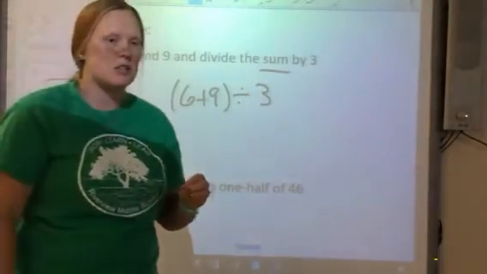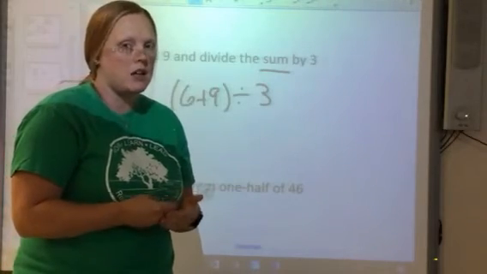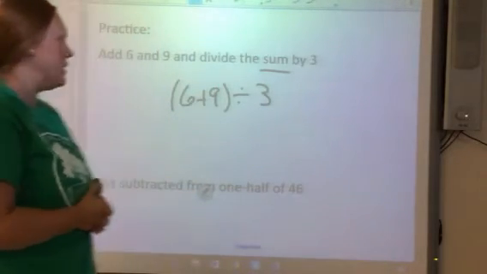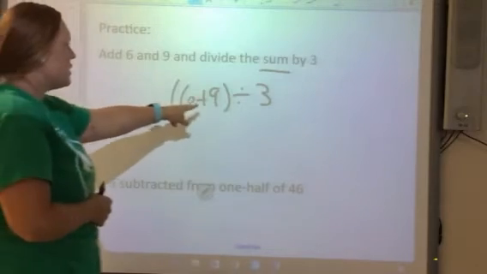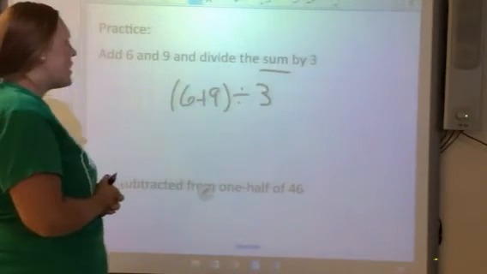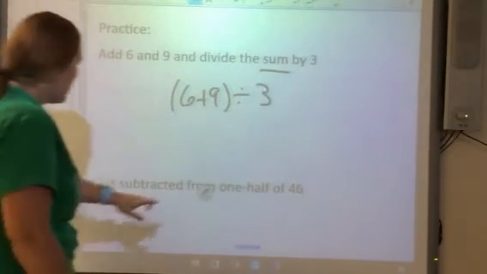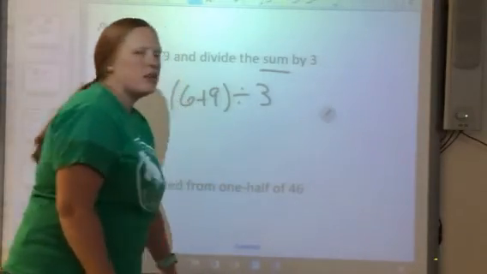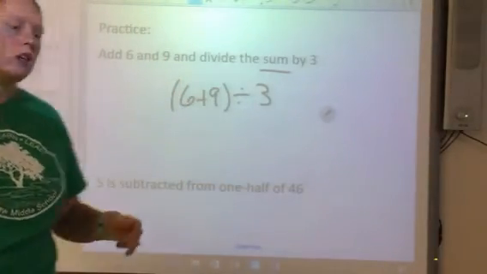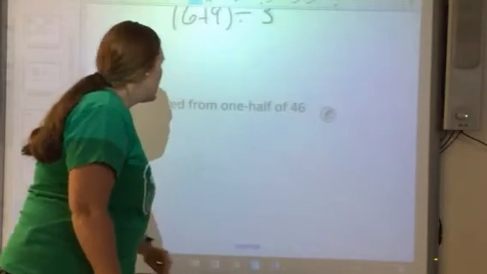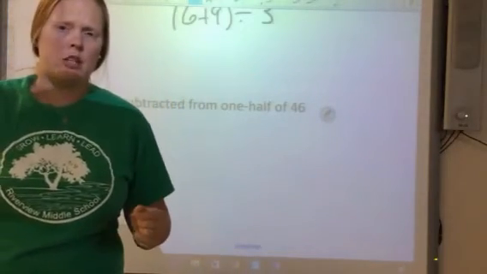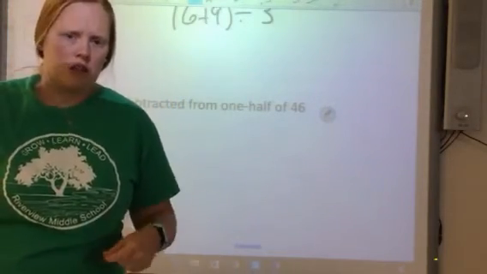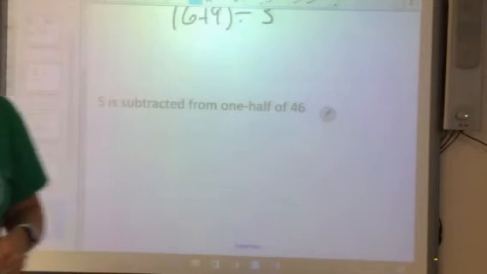Sum means I need the answer to that addition problem before I can divide it. So I would have 6 plus 9 in parentheses divided by 3. Now this next one I want you to write yourself. Pause here, write it yourself, and then check it with the answer check here.